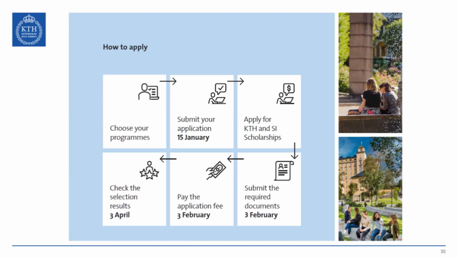So read through the program description and the entry requirements, keep your recommendation letters from your professor or from your managers, and as well as your motivation letters for each program that you are applying. Keep everything ready, and then you can start applying in universityadmissions.se. It is just uploading the documents which you have ready in your local system.